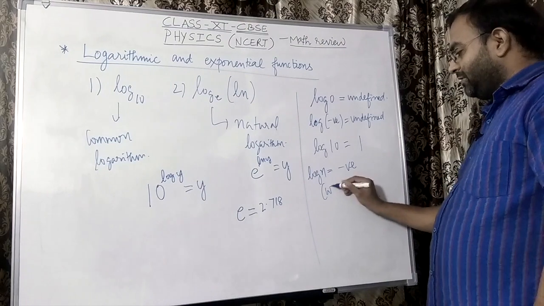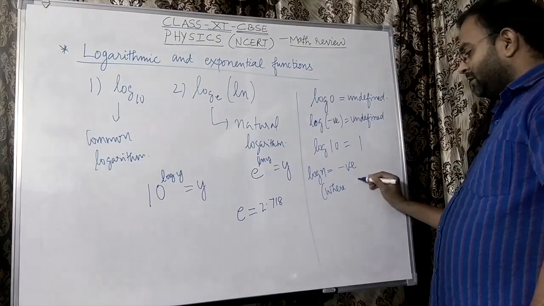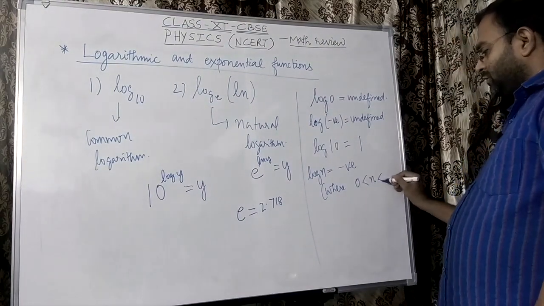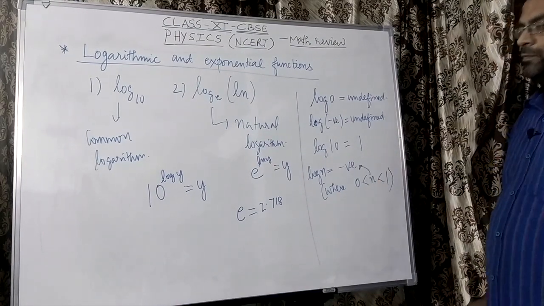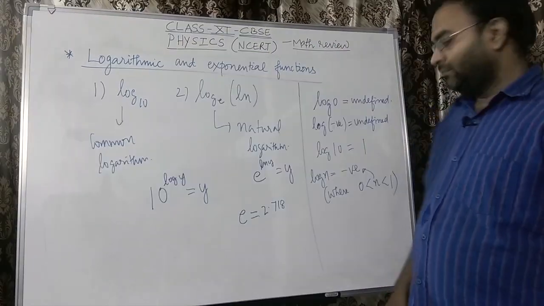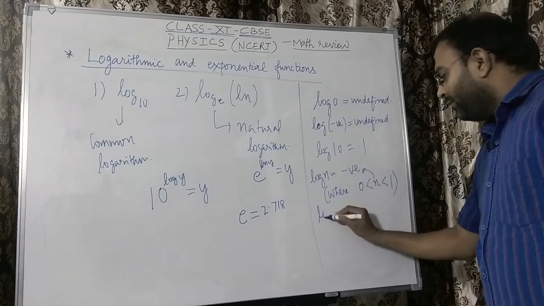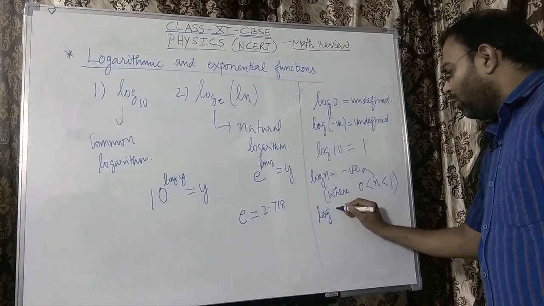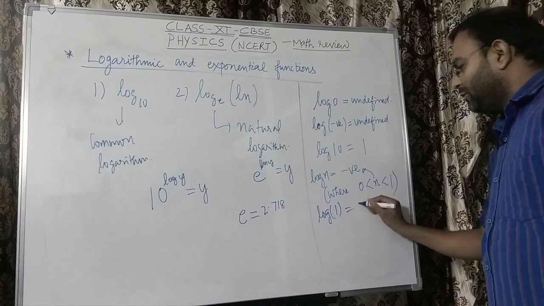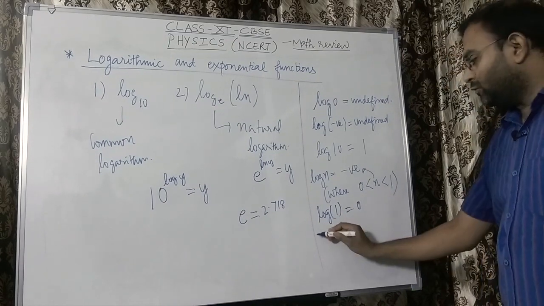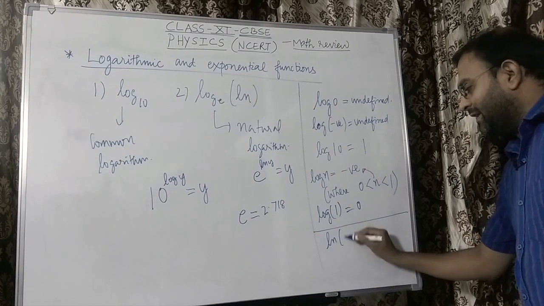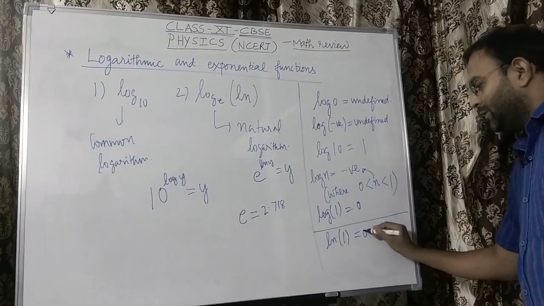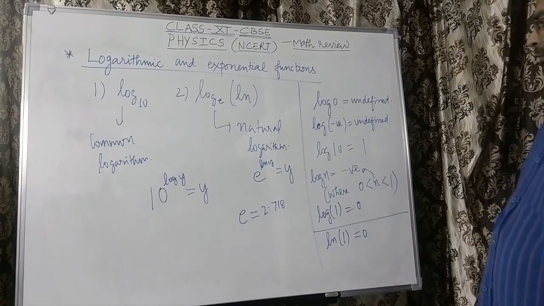That is, here n is between 0 and 1. In that case, you get a negative value. Similarly, log 1 is equal to 0, and this is true for even natural logarithm. That is, log to the base e of 1 also is equal to 0.